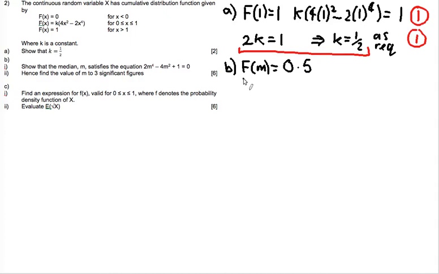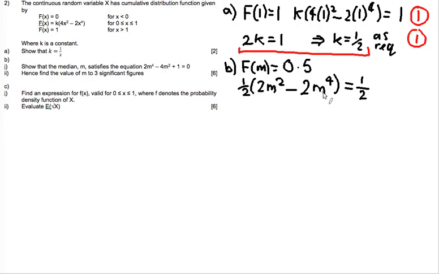So replacing the k with the constant a half that you've either just found or you're using because you couldn't solve the first part, we're going to do half times 2m squared minus 2 lots of m to the power of 4 equal to a half. Actually, if I write it like this, it'll make a little bit more sense in the next step that I'm going to do.